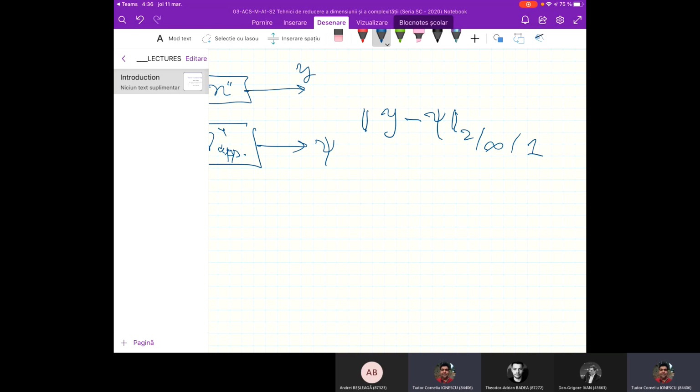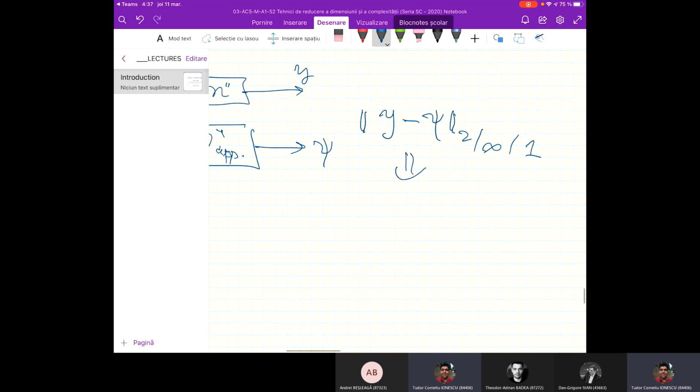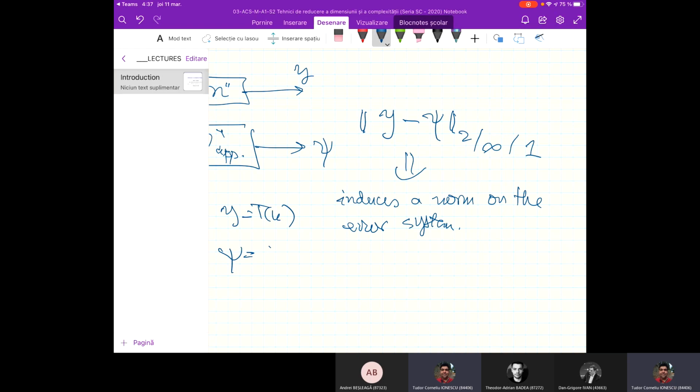Most of the time, the 2 and the infinity norm are used, okay? Because such a norm induces a norm on the error system, okay?